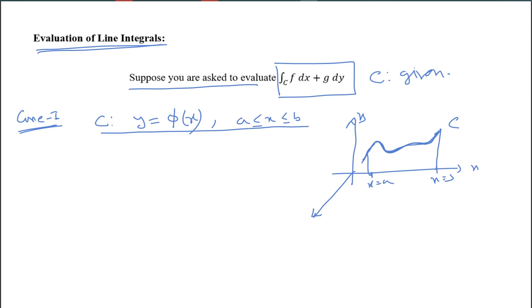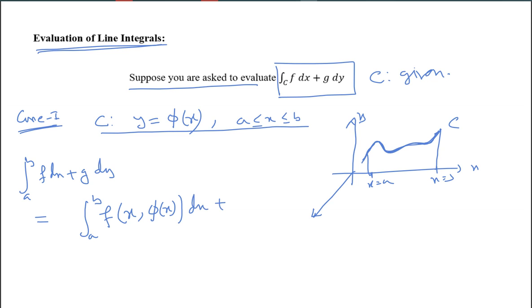So you can write the integration from a to b of f dx plus g dy is equal to the integration from a to b of f of x comma phi x dx plus g of x comma phi x into phi dash x dx. So you have to integrate this thing.